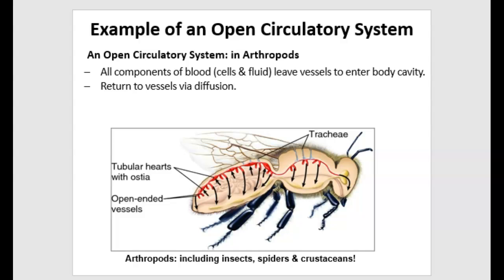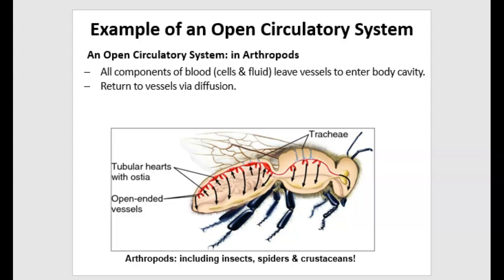To understand the significance of what a closed circulatory system is, let's compare that to what an open circulatory system is. Arthropods, things like insects, crustaceans, they have an open circulatory system. In this type of system, short blood vessels pump blood. So there's no heart per se. There's just enlarged regions of vessels that pump the blood to get it moving throughout the animal's body.